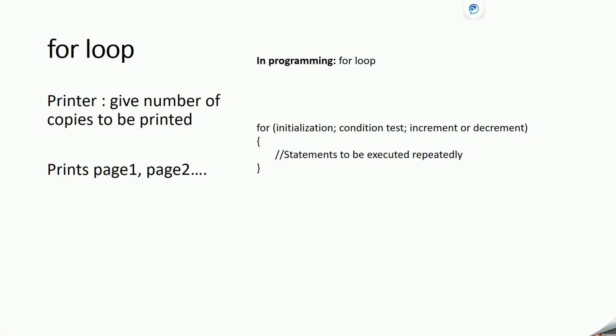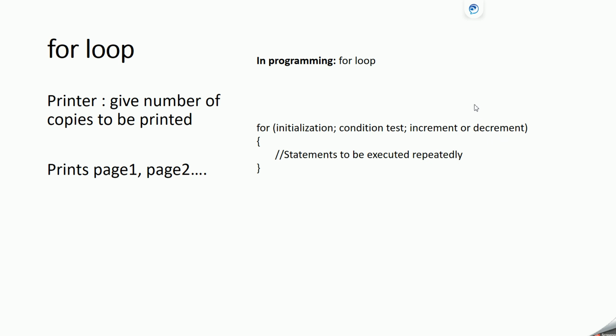Okay, so let's see what the for loop looks like in C programming. The for loop structure is like this. You need to write for, then open parenthesis, then initialization. It has three parts: the first part is initialization, the second part is condition, and the third part is increment or decrement.